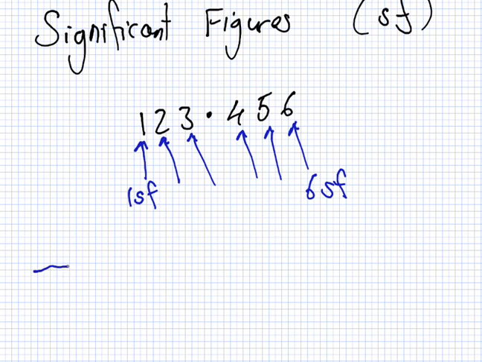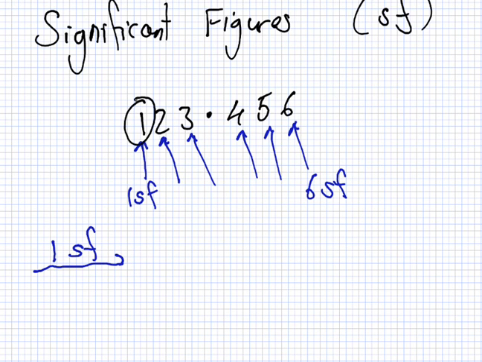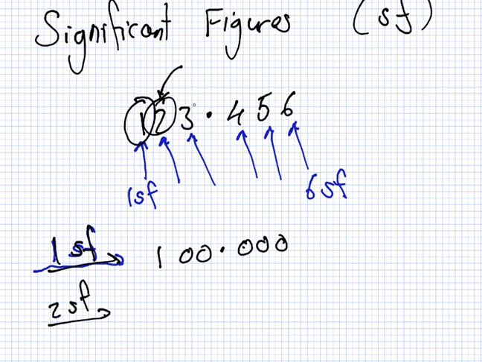So if I want to make this to 1 significant figure, what would it be? Well, here's the 1, the first one. The 2. Round up or round down? Round down. So this becomes 100.000. Now if I say 2 significant figures, what does the 3 make me do?